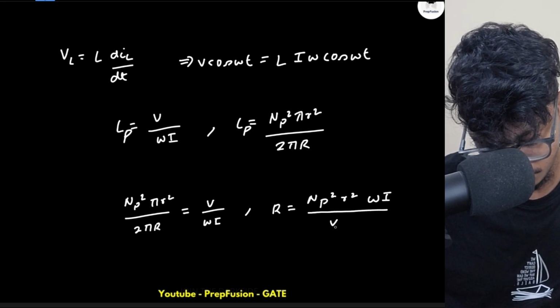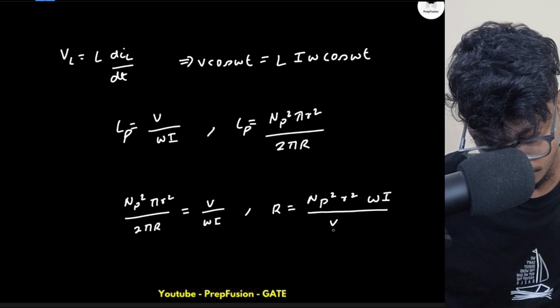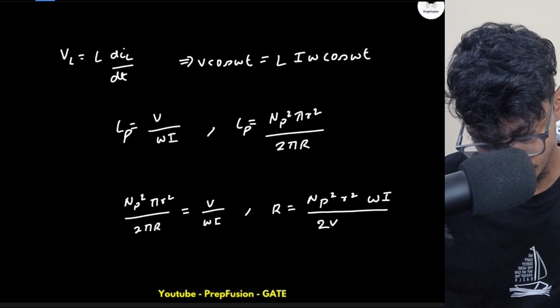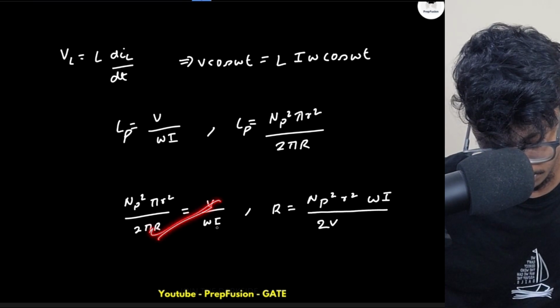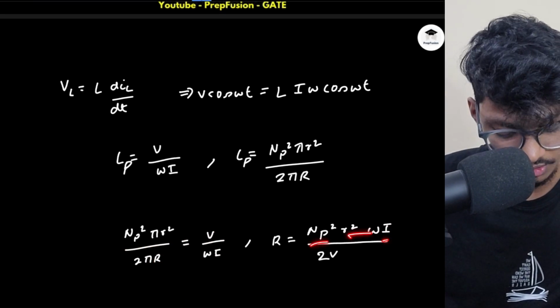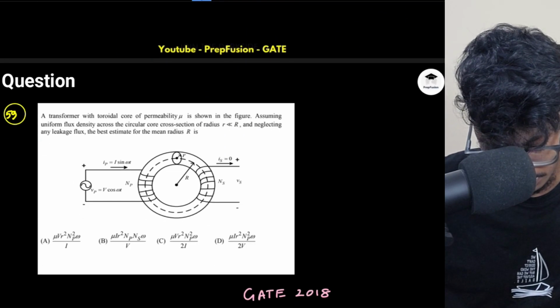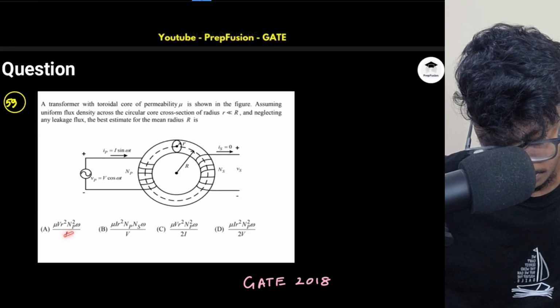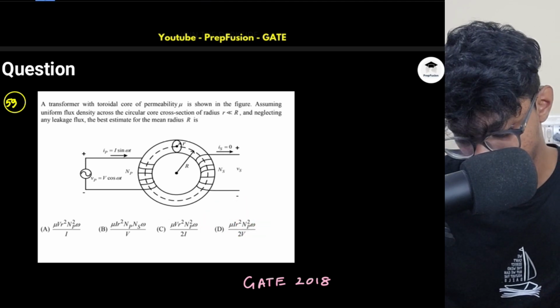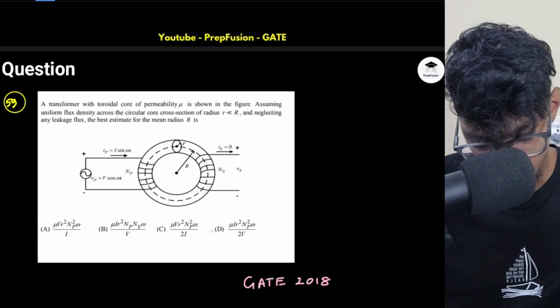Where is 2? Okay, 2 will be at the bottom. V will come here, omega I will come here. So NP square r square omega I over 2V. Only this has the 2V at the bottom, so option D will be right.